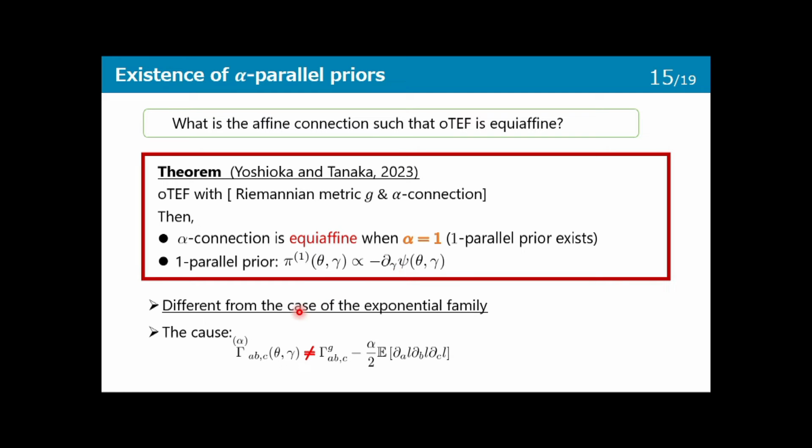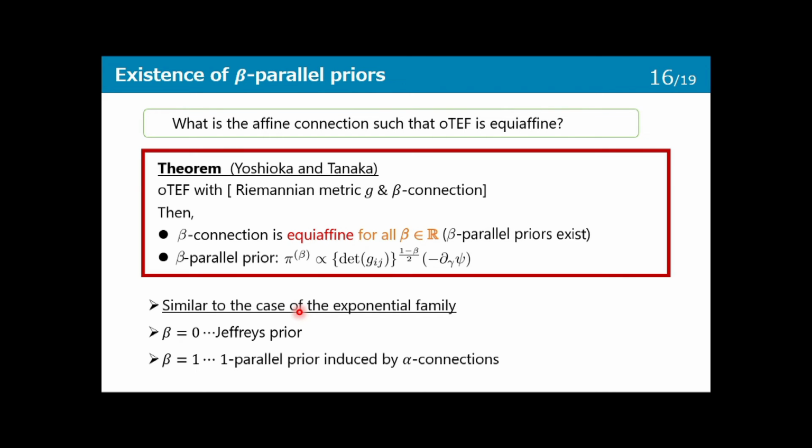However, this result is different from the case of exponential family. Exponential family has alpha parallel priors for all alpha values. On the other hand, beta connection in OTF is always equiaffine, and beta parallel priors exist for all beta values. This result is similar to the case of the exponential family. Thus, we have constructed a family of equiaffine connections on an OTF.